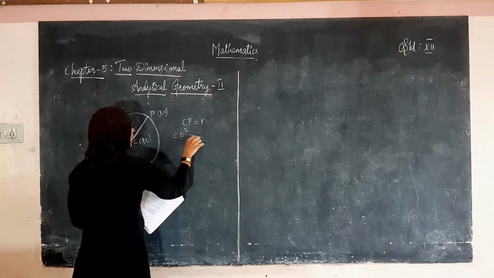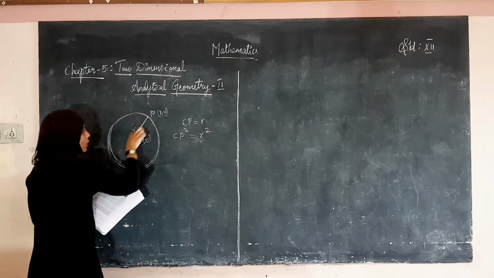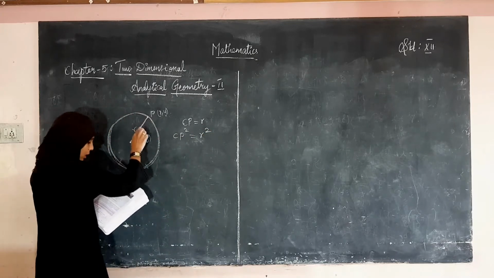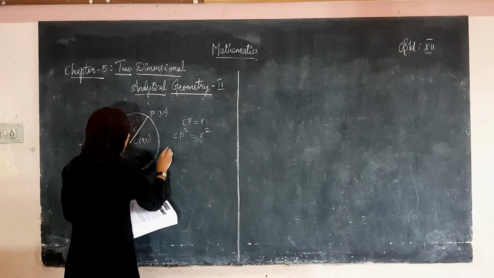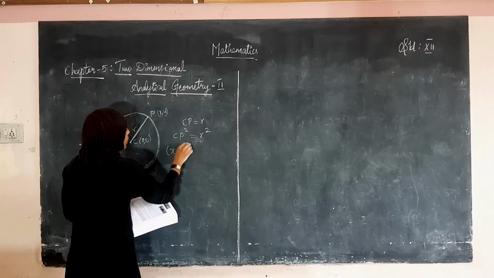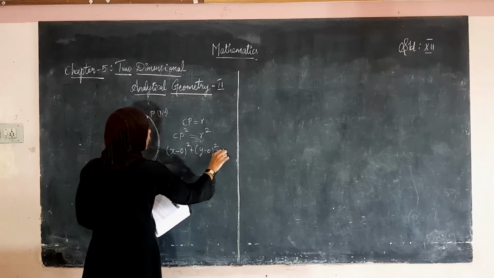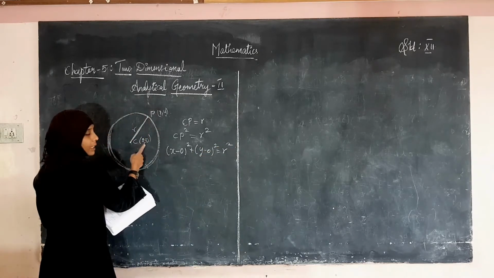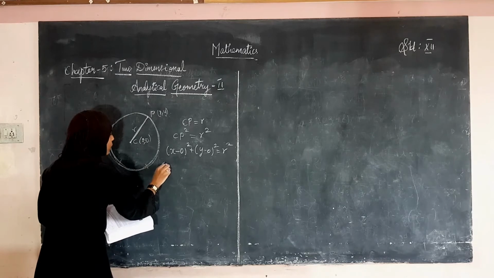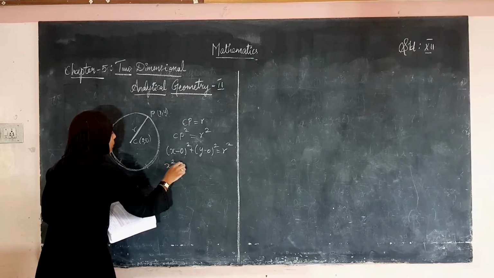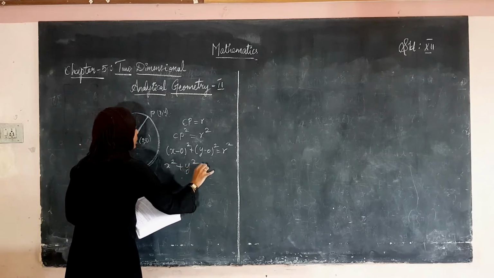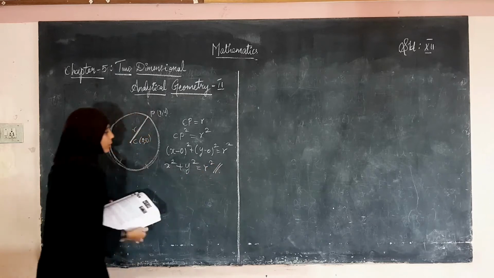So CP square is equal to r square. This is the line, right? So what will be the equation? x minus 0 the whole square plus y minus 0 the whole square is equal to r square. Because the center is 0, 0 here, therefore x square plus y square is equal to r square. This is the standard form of the circle.